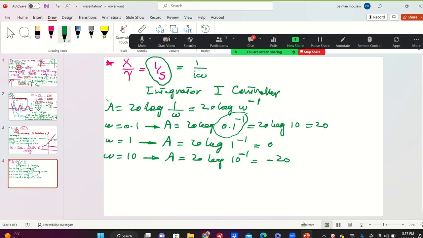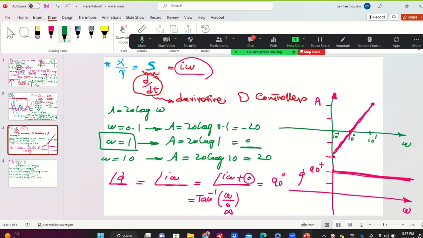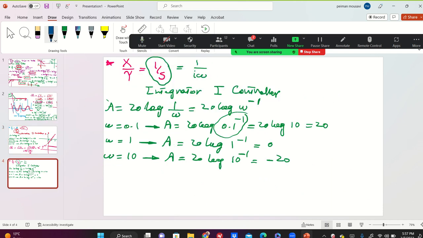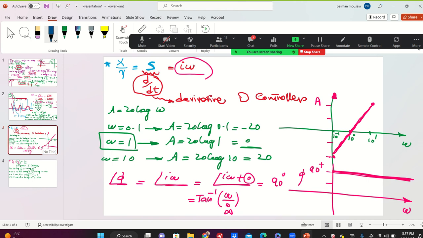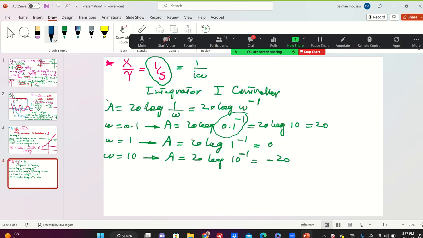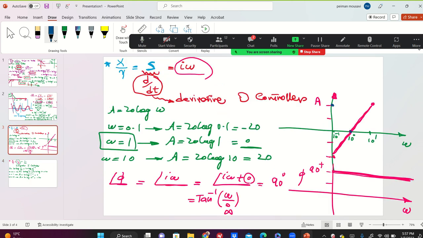So I want to plot it here on the previous page. Why? Because I want to compare. At omega 0.1 it is 20. Here we go. At 1 it is 0. Oh my god. Here we go. At 10 it is minus 20.